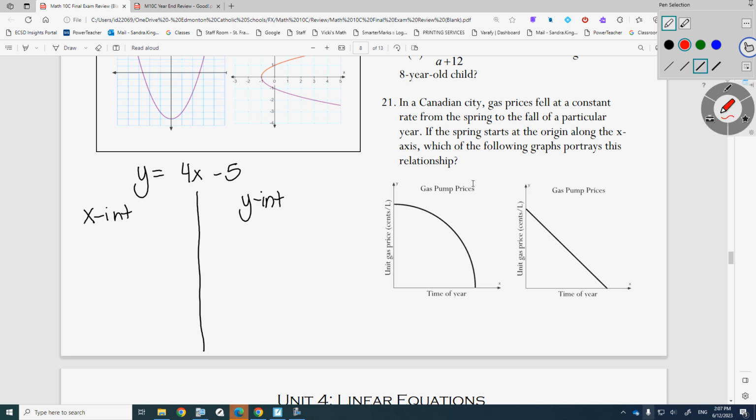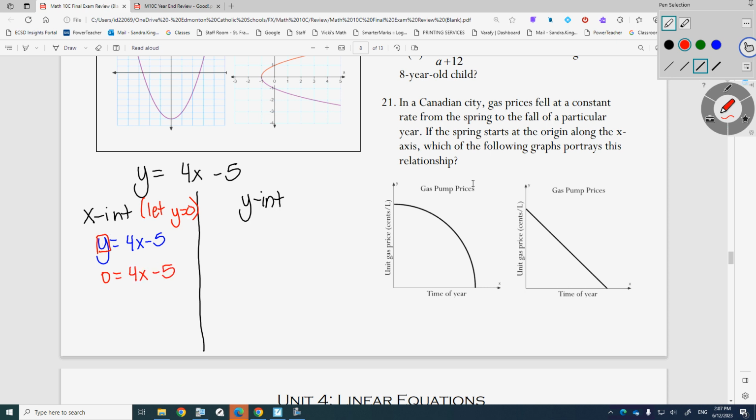X-intercept. Kayla, what do you want me to do if I'm solving an x-intercept? That's right, let y equal 0. So you always first write 4x minus 5, and then I'm going to take the y out, and I'm going to put in a 0.